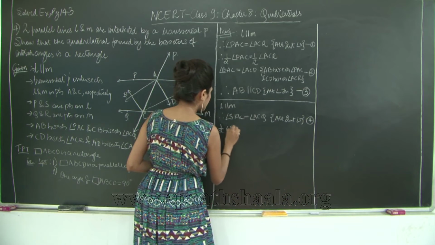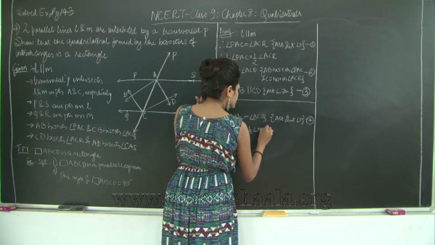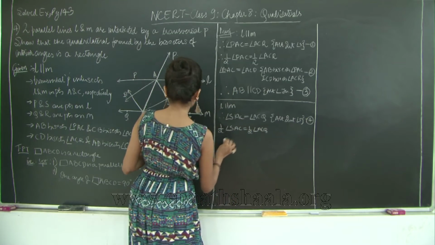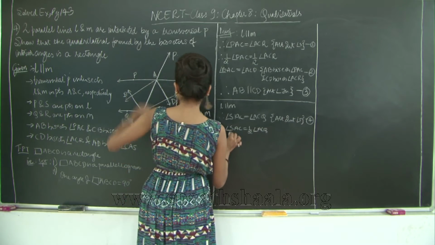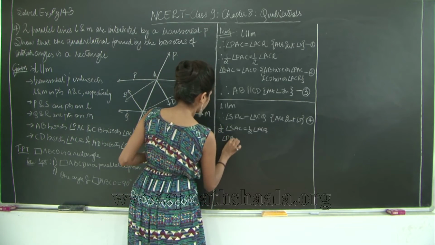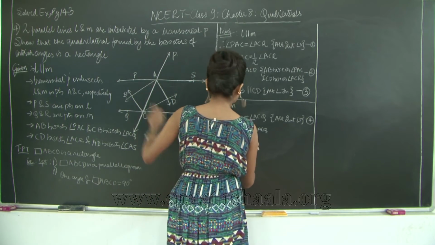Therefore, half of angle SAC is equal to half of angle ACQ, which means that angle DAC is equal to angle ACB.